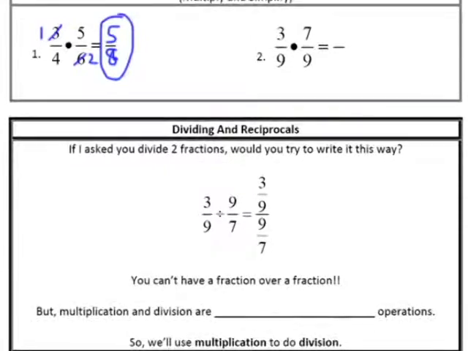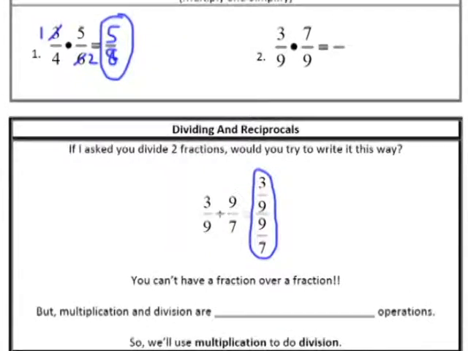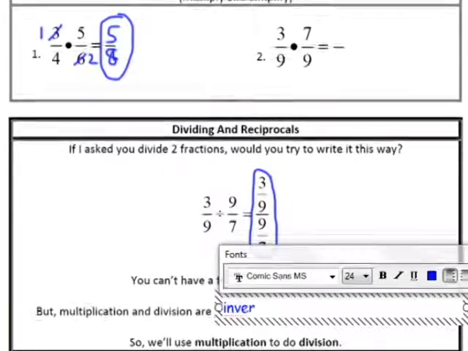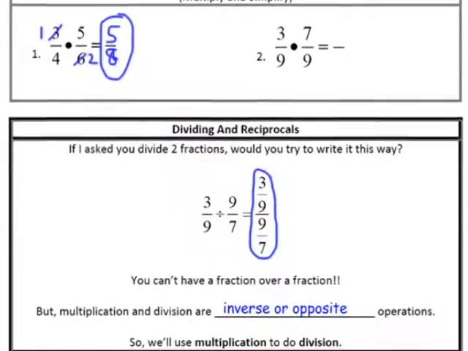Dividing and reciprocals. Now, you can't just divide a fraction by a fraction that easily. If you look right here, you can't write a fraction inside a fraction. But we do know that multiplication and division are inverse or opposite operations, so the opposite of division, if I need to flip things around, is multiplication.